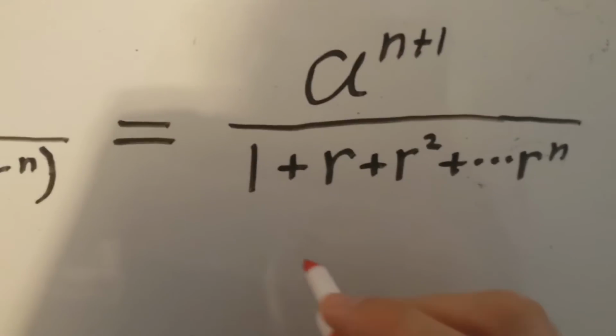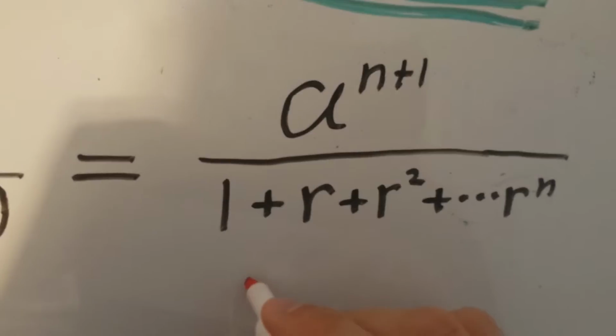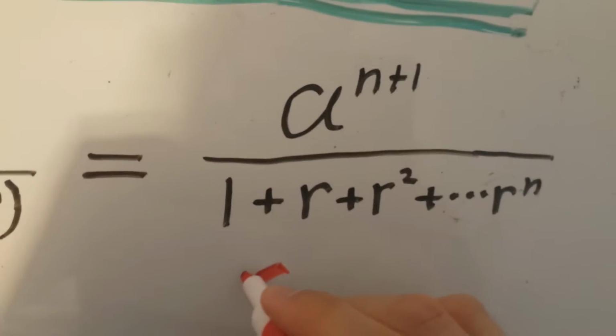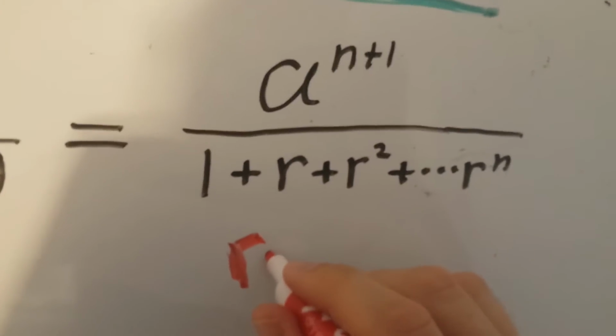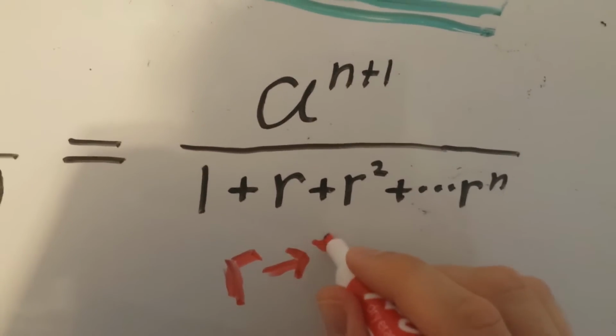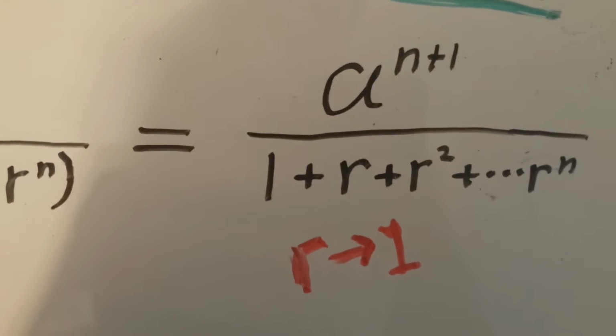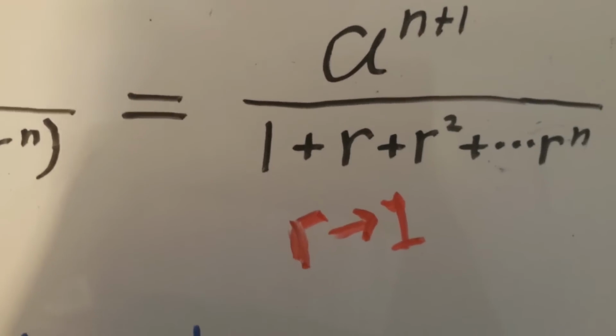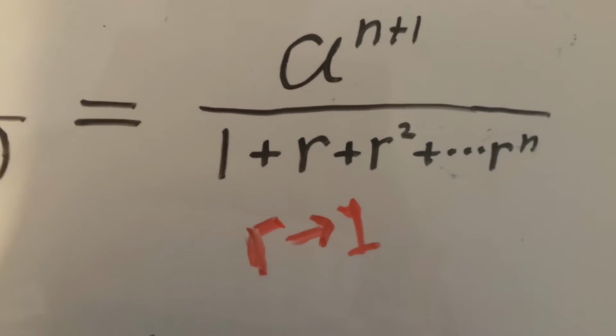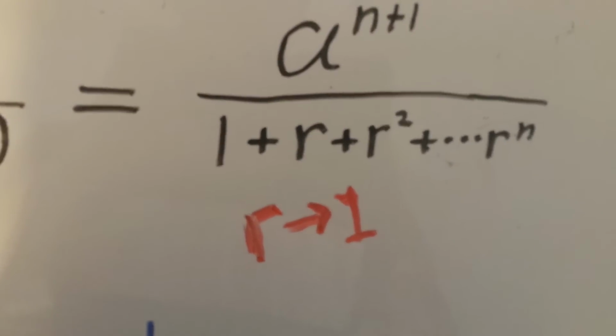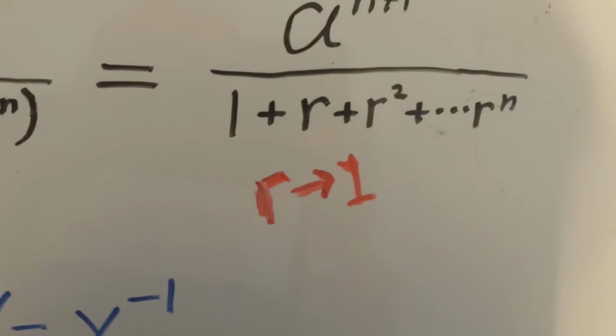And so Fermat sort of envisioned the concept of r approaching 1. And this is before limits were used or probably even existed. Okay, so it was kind of an intuitive insight on Fermat's part to do this.